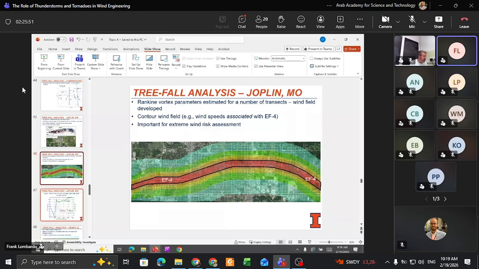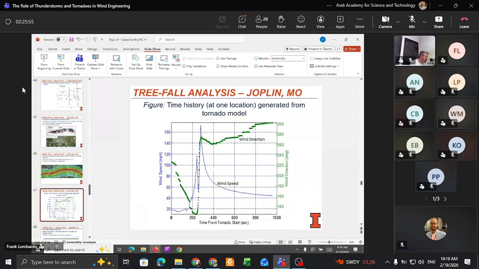And another thing that you could do, similar to what you did in your homework, is generate a time history at a particular location. So let's say you went out and you studied one structure that had a lot of damage compared to the surrounding ones, or vice versa. You can say, well, I want to do a wind field model.